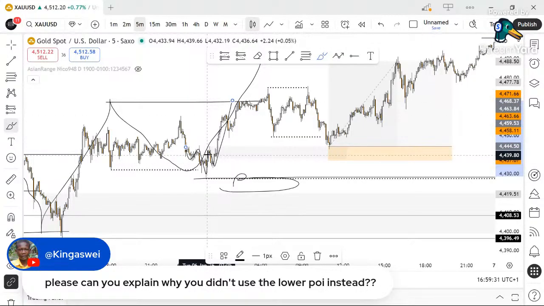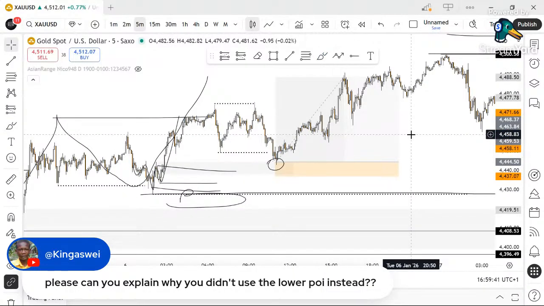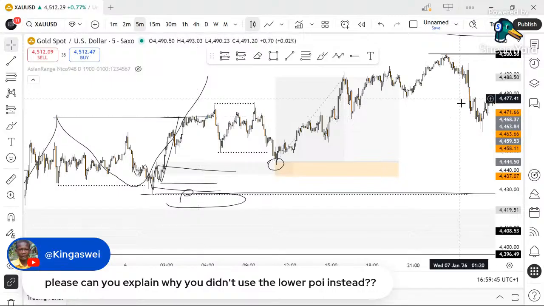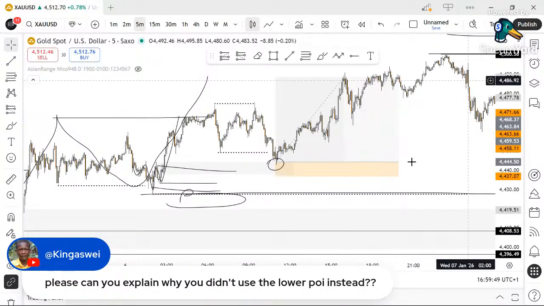So this is a clear mitigation block. So price is never coming below here. So I knew that price is going to react from here, and that was the buy from here. So you must understand that it will not necessarily be a break of a body. Okay. Those of you on my mentorship, I believe you understand what I'm saying.